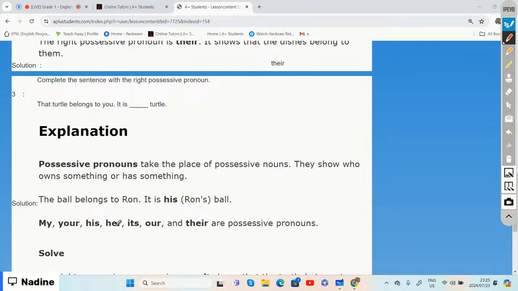Do we say that it is my turtle if it belongs to you? Your turtle if it belongs to you? His turtle, her turtle, its turtle, our turtle, or their turtle if it belongs to you?